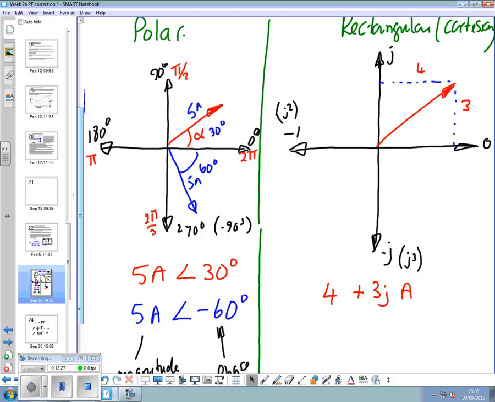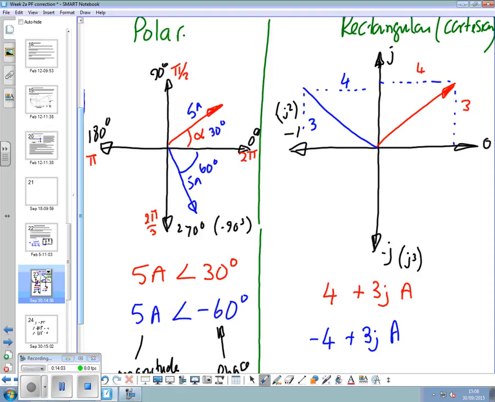If we go with one over here, where that's 4 and that one's 3, the blue one would be minus 4 plus 3j. It's how many across. Negative is if you're going to the left of 0, and again the units on the end. So in these ones the units go after the magnitude and before the angle symbol.